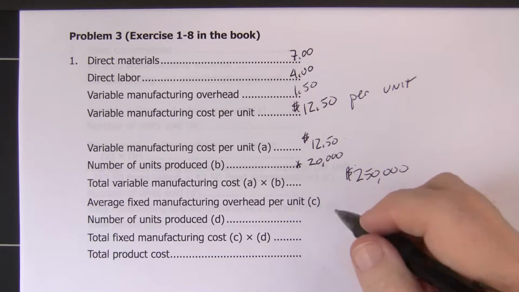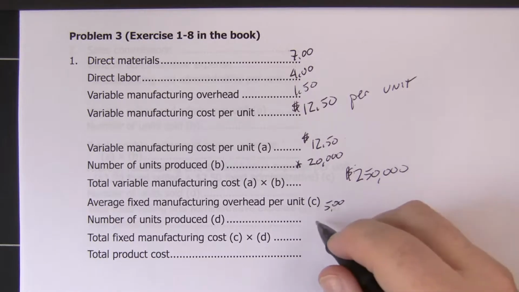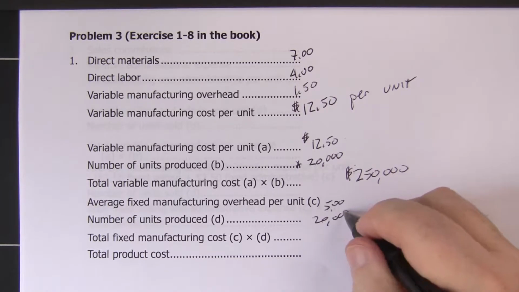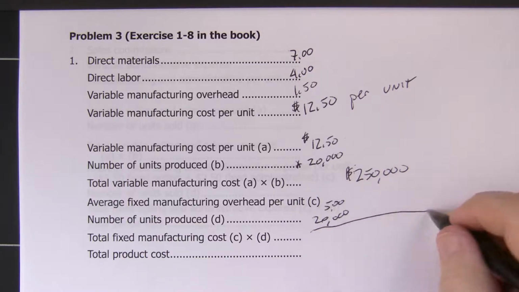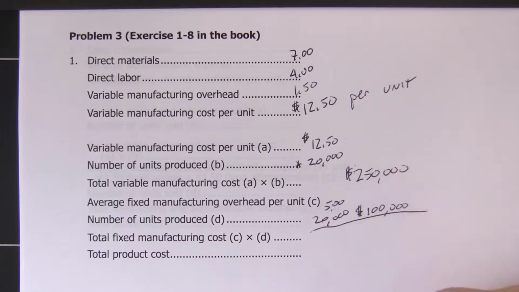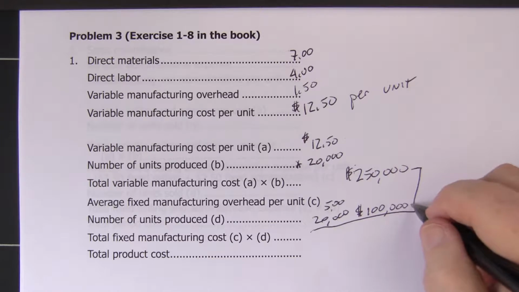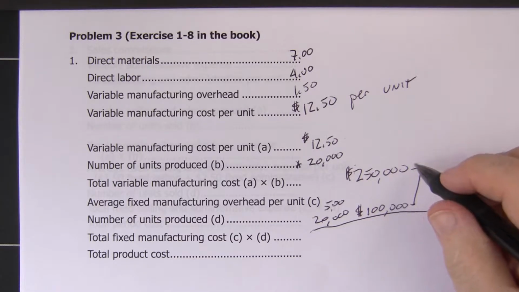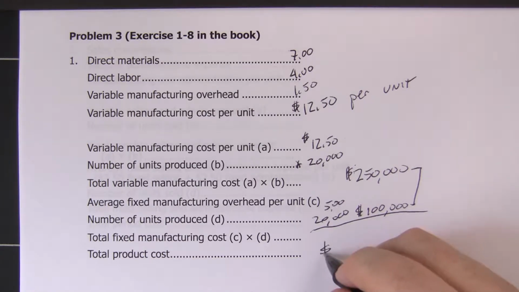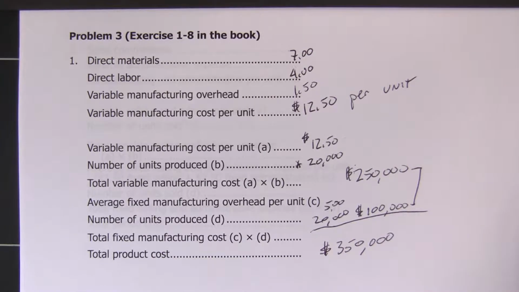It's $5. We produced 20,000 units. So that comes to $100,000. Therefore, our total product cost is the sum of those two, the variable manufacturing costs and the fixed manufacturing costs. Total product cost, total manufacturing cost, $350,000.